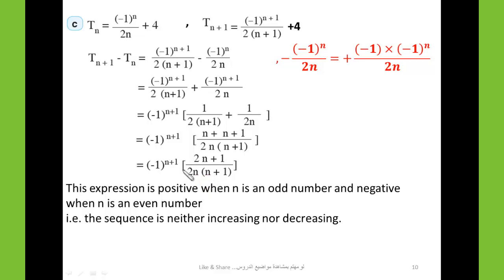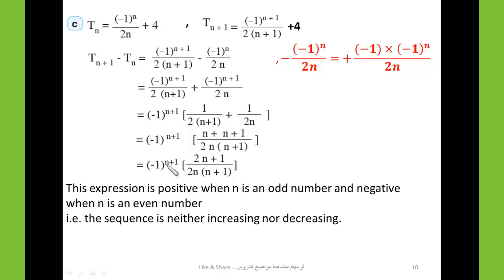This result depends on the first term here. This fraction is always positive for all the values of n. What about negative 1 power n plus 1?